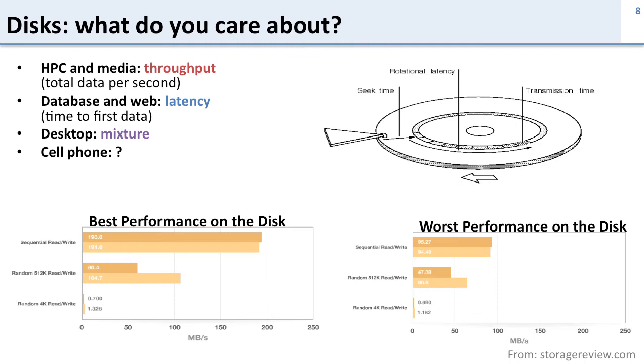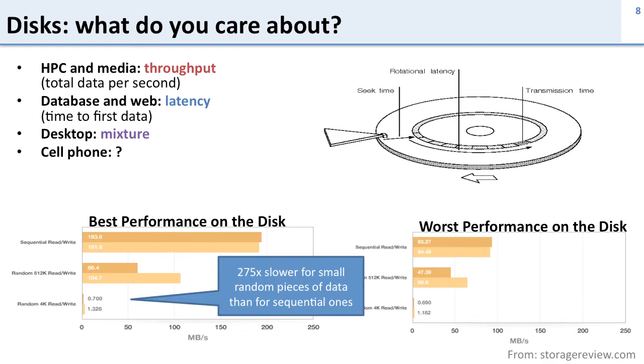We also notice that the performance on the disk varies depending on where you are. Some places on the disk, the performance is half as fast as it is in others. If you look at this disk, you can see that it's about 300 times slower for small random pieces of data than sequential ones. So hard disks are very good for applications where you care about throughput, not so good when you care about latency.